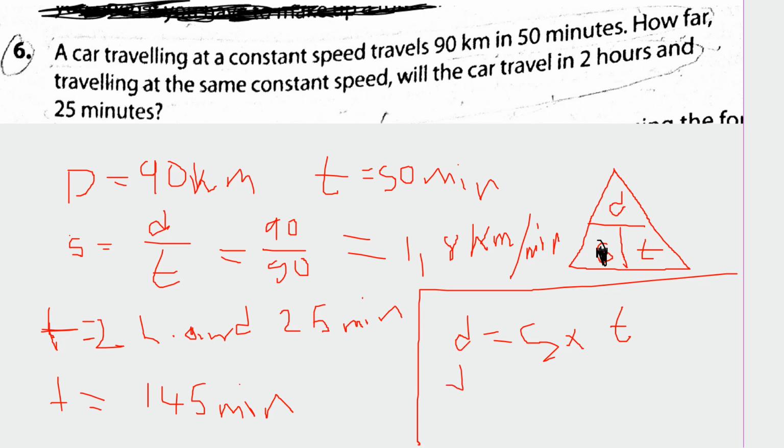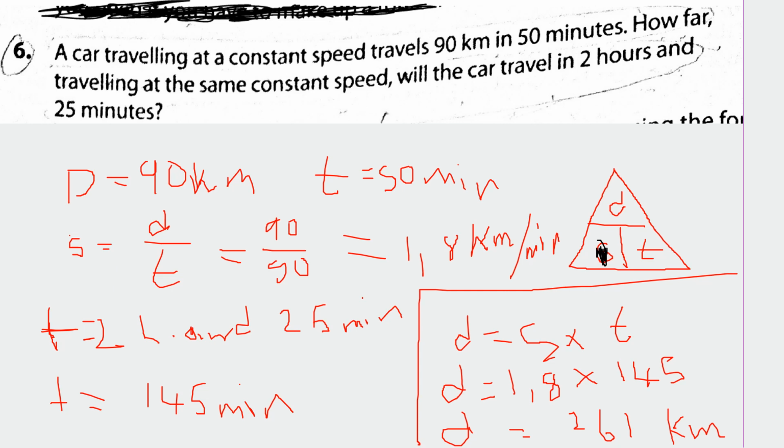We already have the constant speed, which is 1.8, in kilometers per minute, so the time will also have to be in minutes, which is 145. Now the distance is equal to 1.8 multiplied by 145. The answer is 261 kilometers.